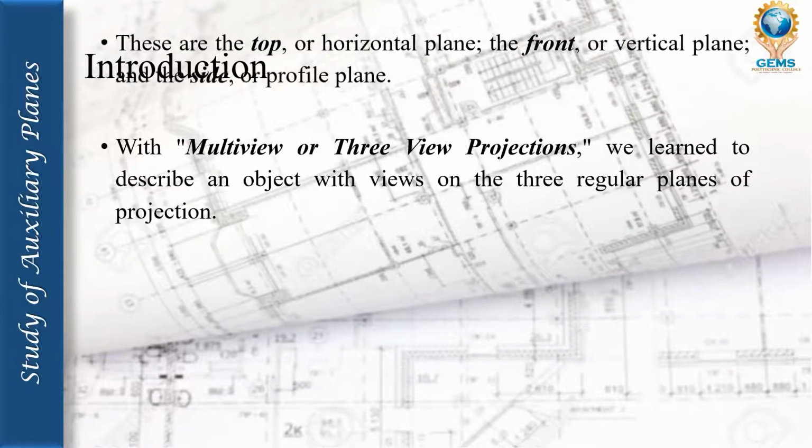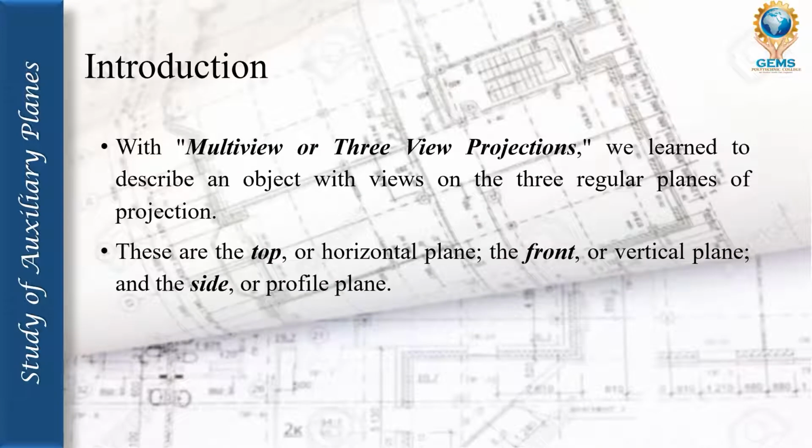The three projection planes are: number one, horizontal plane; number two, vertical plane; and number three, profile plane. The top view is also known as the horizontal plane, the front view is the vertical plane, and the side view is the profile plane.